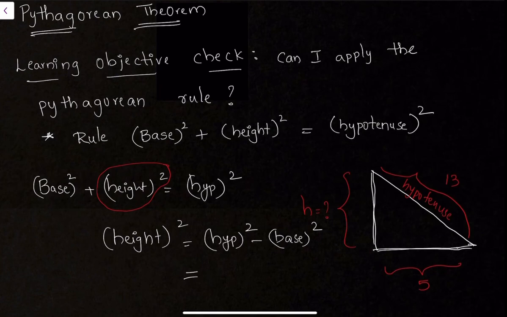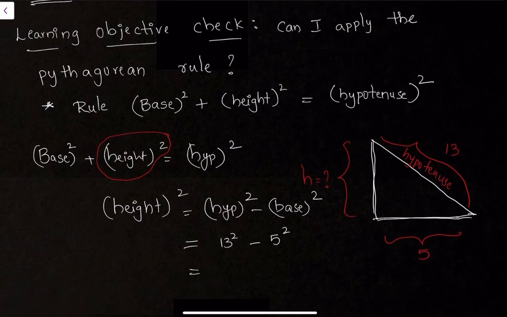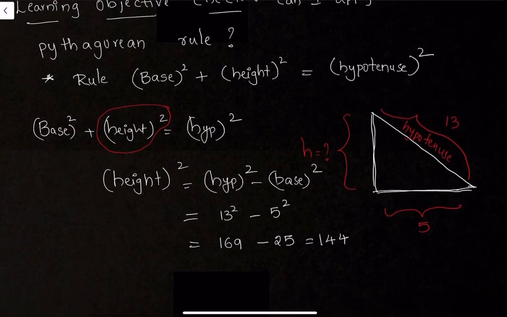So height square is 13 square minus 5 square. 13 square is 169 minus 5 square is 25. So that should be equal to 144. Quick calculations are a must.